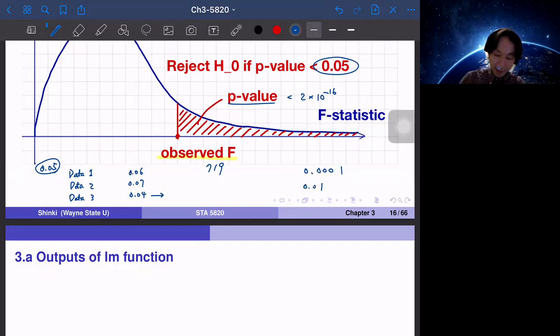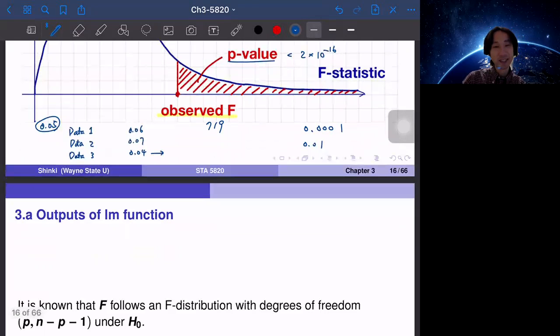That isn't really an honest way, right? You have to specify the design first, and set the significance level first. But sometimes people just try many times until they get a significant p-value. That is called p-hacking. So we should set the significance level first, and set the design and the sample size first. Then after that, we analyze the data.